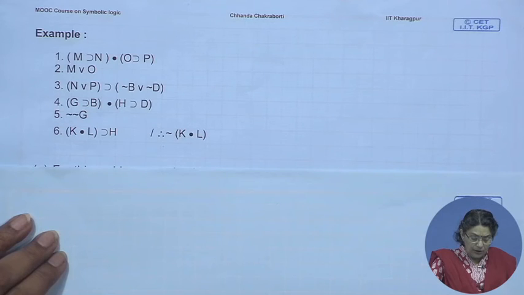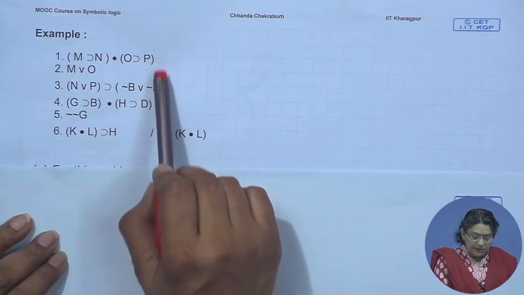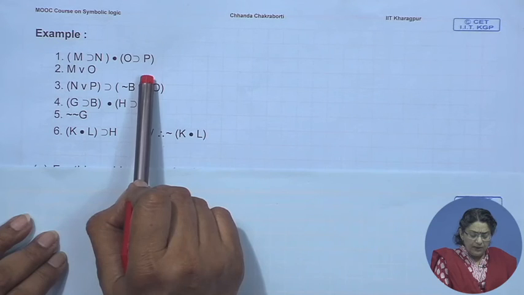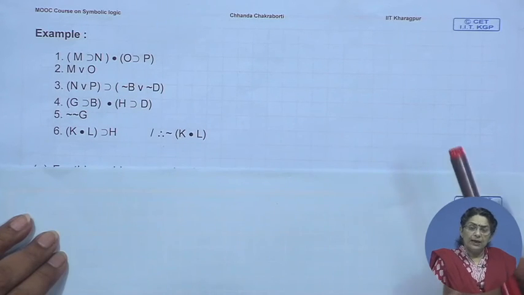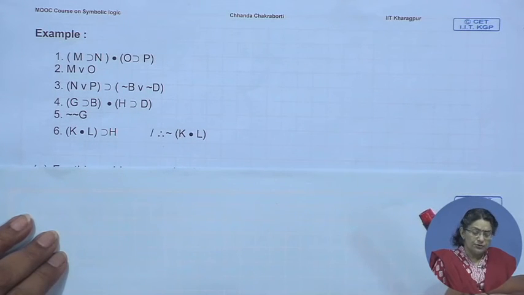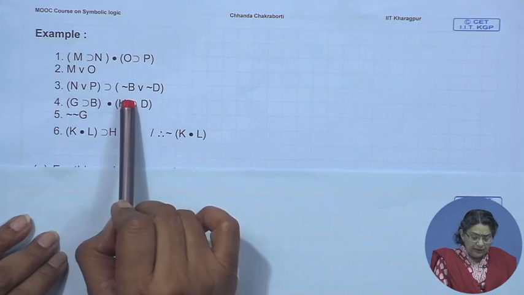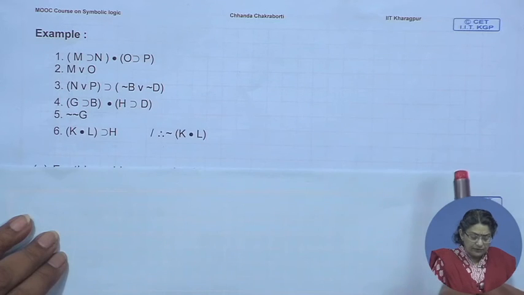Take a look into the premises very, very carefully. Here is a sort of a giveaway that you can get N or P very easily from 1 and 2, except you need to know the rule which allows you to do that, right. Once you have N or P, you can get not B or not D out, right.